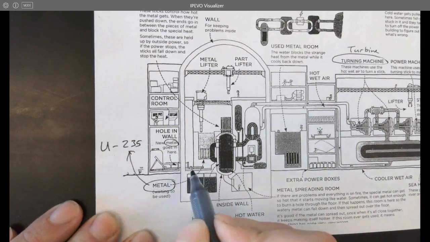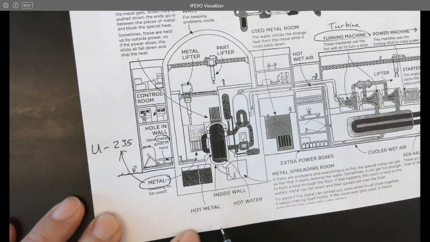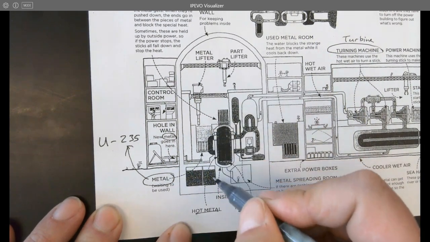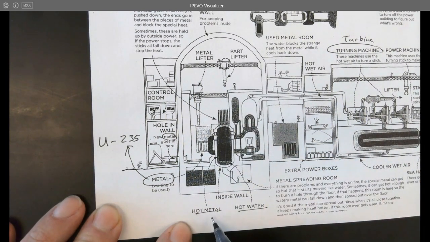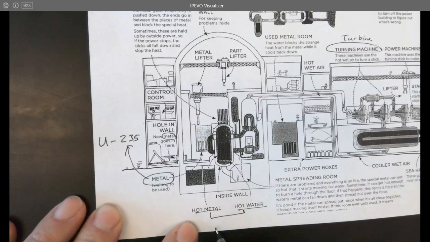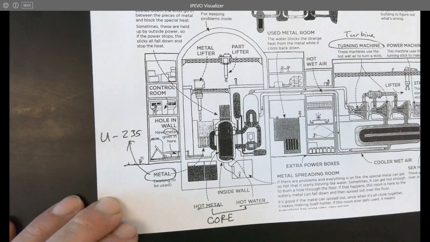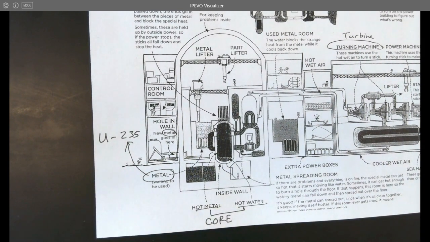Then where it says hot metal and hot water, that is the core. Good. So these things are in the core. Okay. So we've got core and uranium-235. So we've got 2 left.